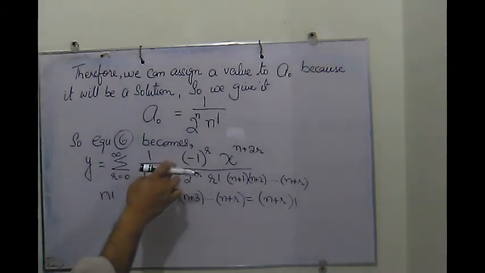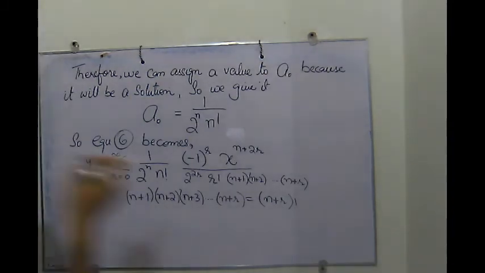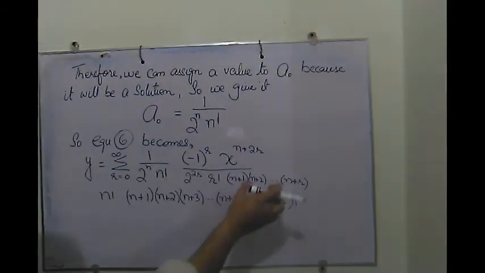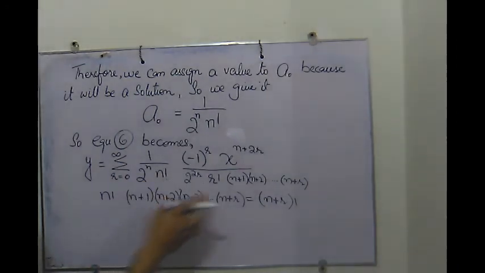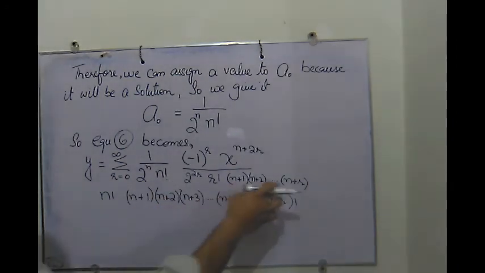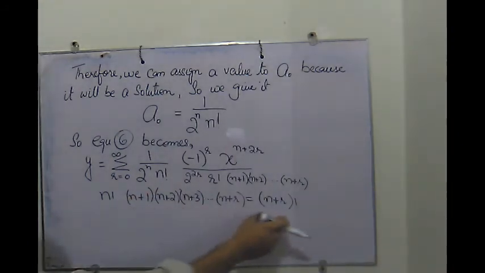Now we have put the value of a naught in this expression, so equation 6 becomes this equation. And if we see this value, we have n factorial and we have the expression from n plus 1 to n plus r, then this expression would become n plus r factorial.